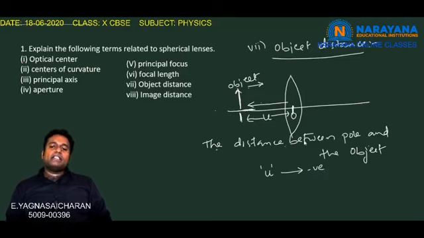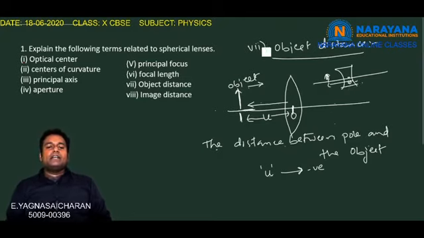So object distance is denoted with a small letter u, so it is always negative. So this is all about the object distance. So the same object distance in the case of the concave lens is also the distance of the object from the pole or the optic center. The same definition occurs here.